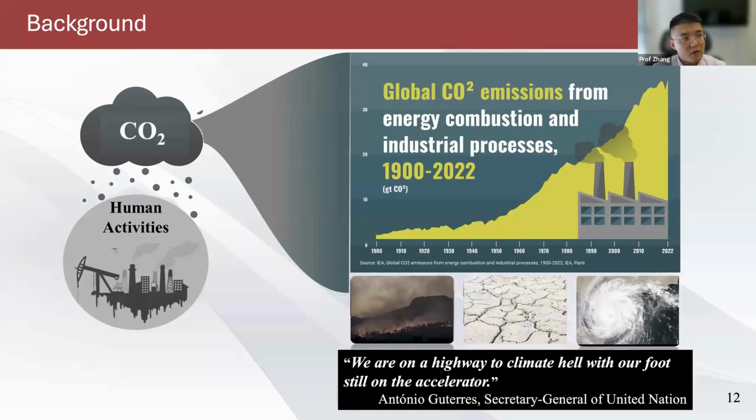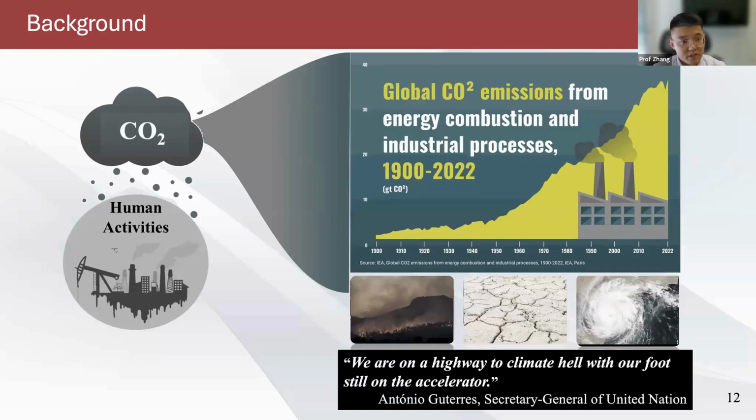So the mean global surface temperature last year was, for the first time, over 1.55 degrees C compared to the pre-industrial level. So that is over 1.5 degrees C, which is a threshold set out by the Paris Agreement. So we are already over that threshold for the first time. And the consequence is merely not a warning anymore.